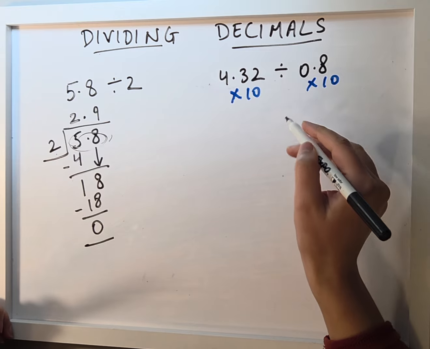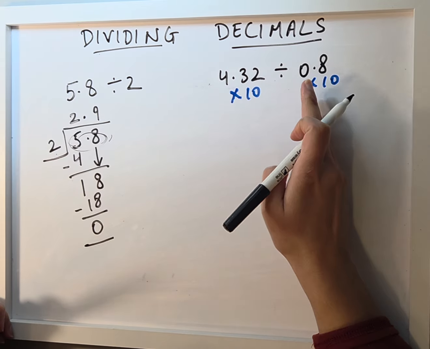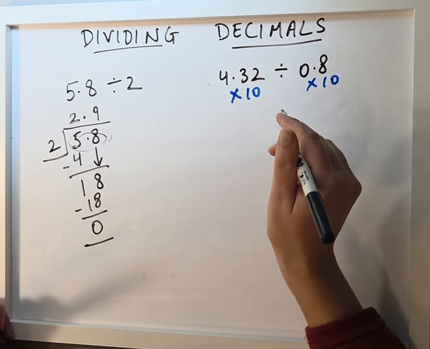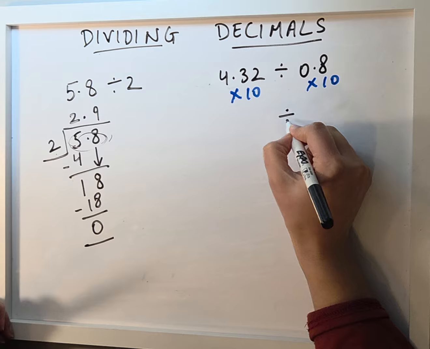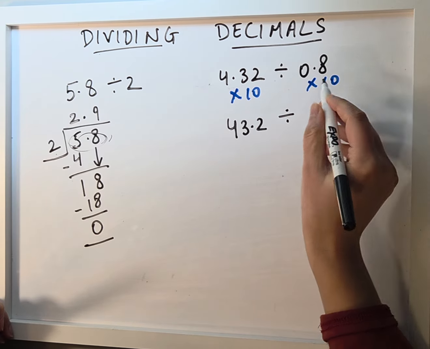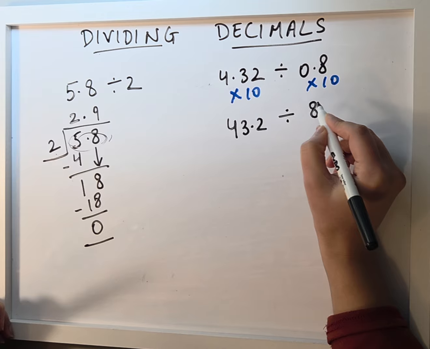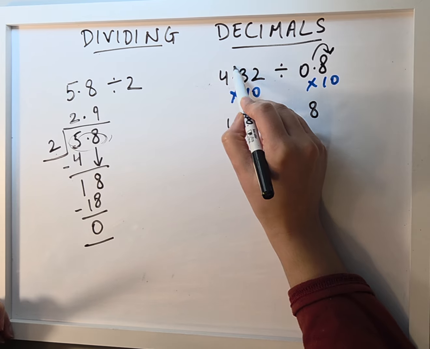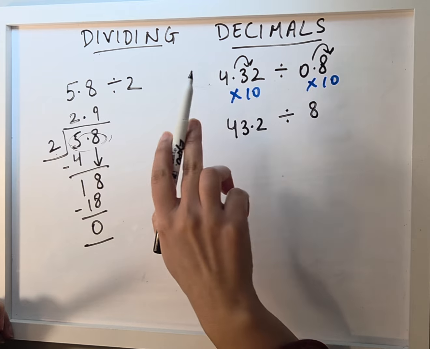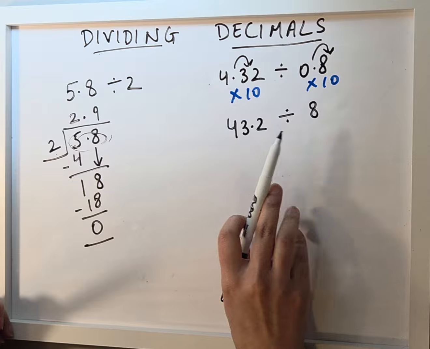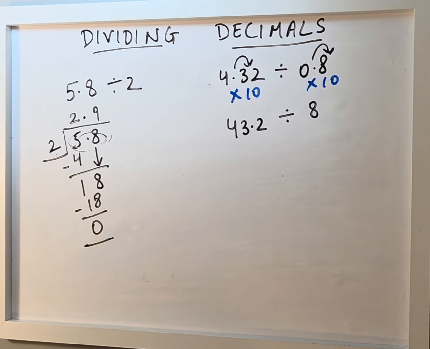Whenever we multiply by 10, the decimal moves to the right. So this will become 43.2 and this will become 8 because the decimal moved 1 to the right. And here the decimal moved 1 to the right. So now we have 43.2 divided by 8.